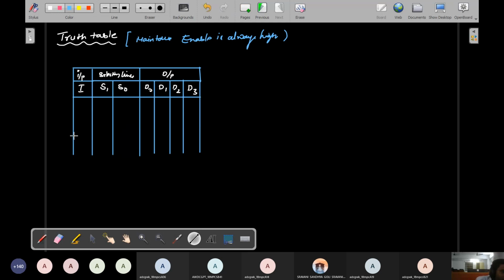In this truth table I'll write some important things.